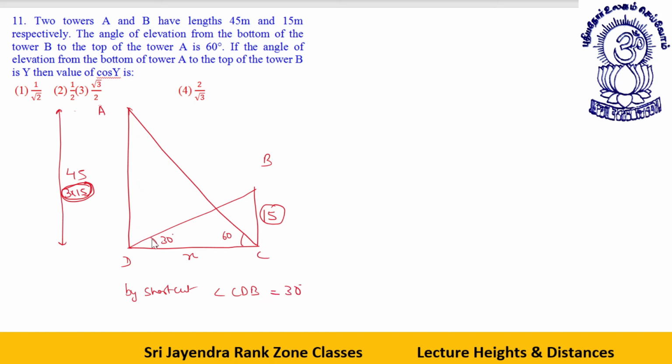When angle CDB is equal to 30 degree, what will happen? You require cos y. Cos y is equal to cos 30 degree, that is root 3 by 2, and option 3 is your answer. Am I clear to everyone? Next one.